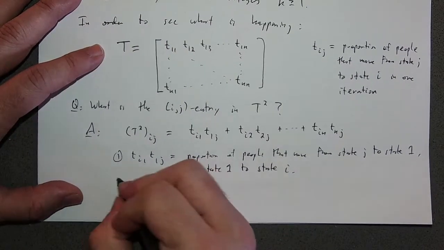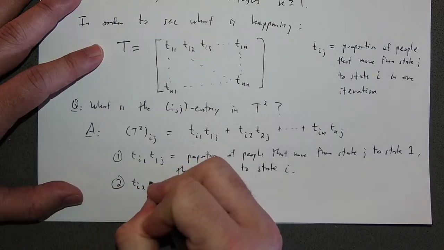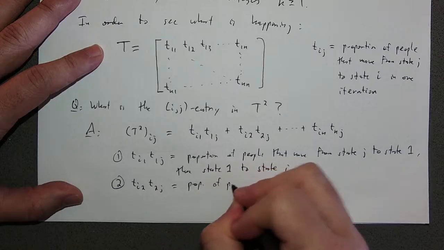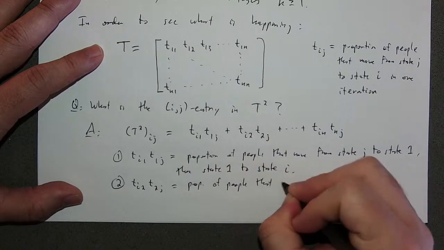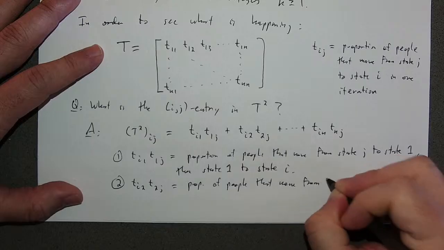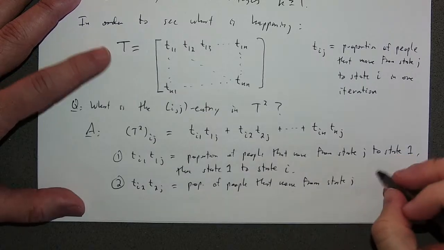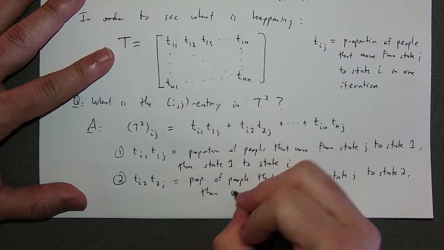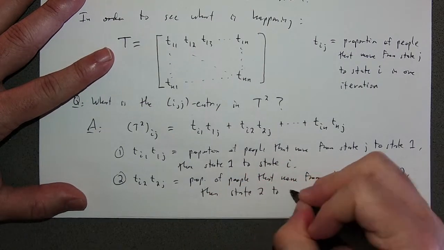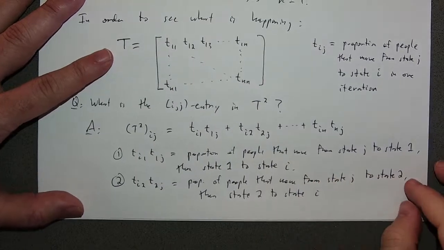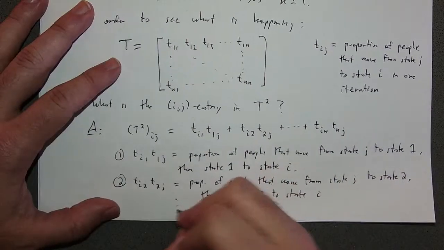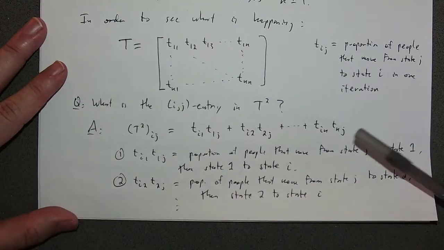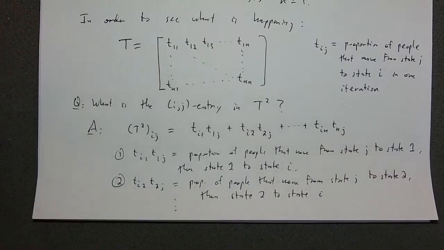Similarly, T sub i2 times T sub 2j is the proportion of people that move from state j to state 2, then state 2 to state i. And so on, all the way out to the last entry in the sum, which would be the proportion of people that move from state j to state n, and then from state n to state i.